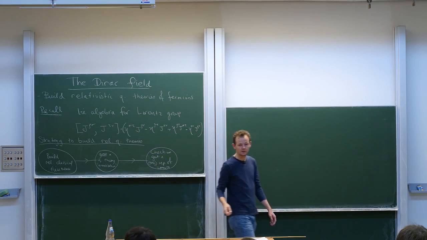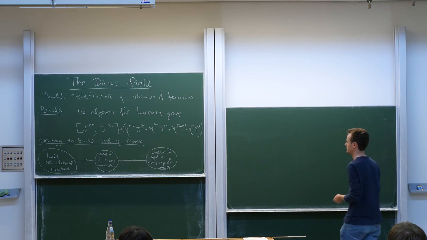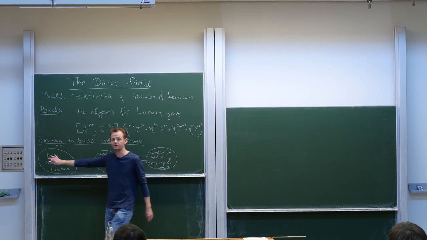And then we check that we get a nice projective unitary representation of the Lorentz group. That's a strategy that we have for building, at the moment, relativistic quantum theories.